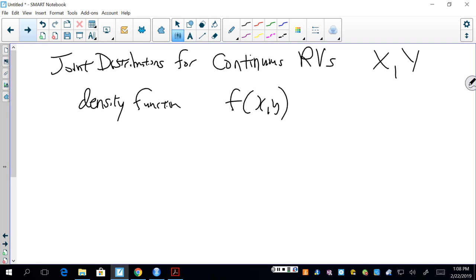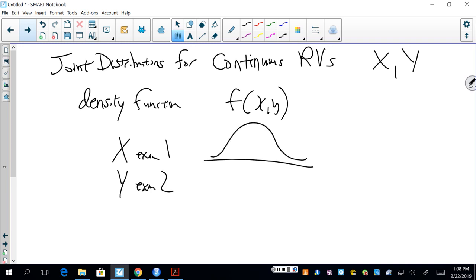So what would this be? You imagine there's exam score 1 and exam score 2. And exam score 1 might have a density function that is, for the values of x, a density function for its variables around some average here with some standard deviation.